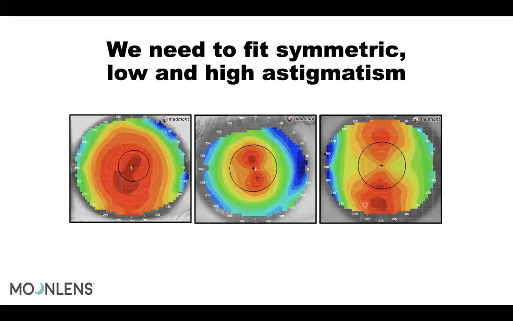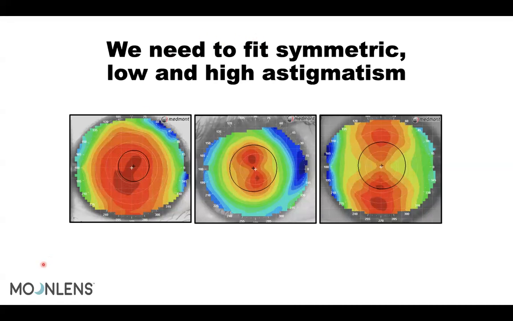So I want to ask you, how about this? Do you think this is going to be a symmetric lens? Or should we go to a toric? What do you think about these topographies? Anybody could answer?